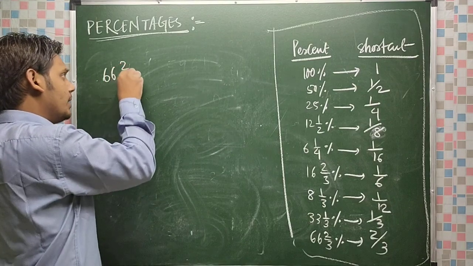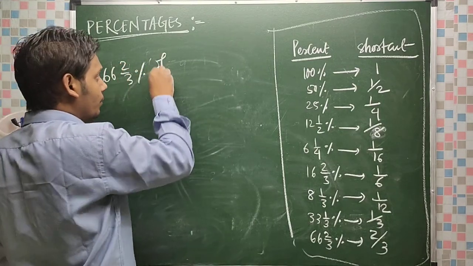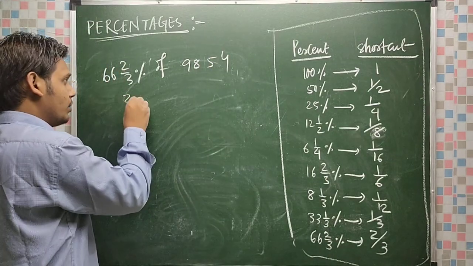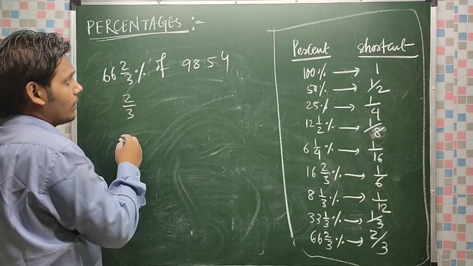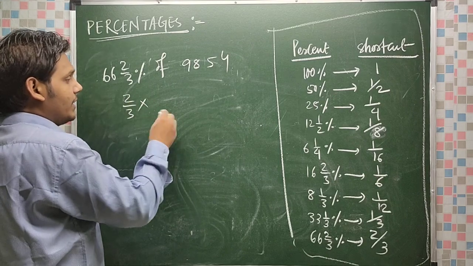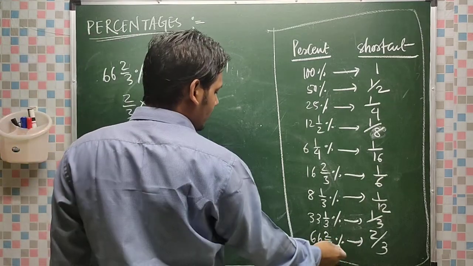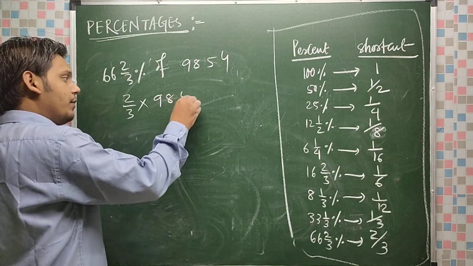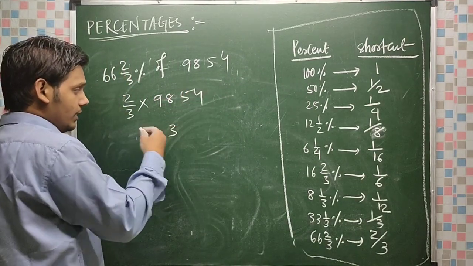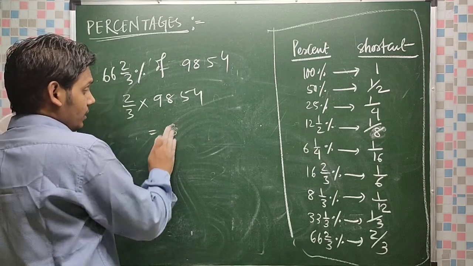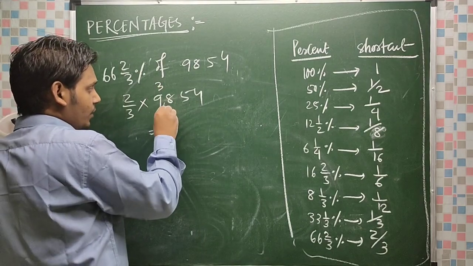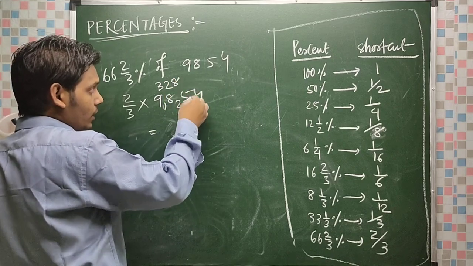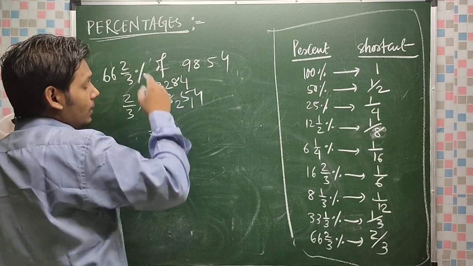66 whole 2 by 3% of 9854. That means 2 by 3. 66 whole 2 by 3% means 2 by 3. So 2 by 3 into 9854. Now 3 3 9, 0. 3 2 6, 2. 3 8 24, 1. 3 4 12.